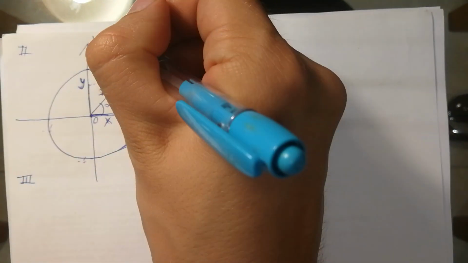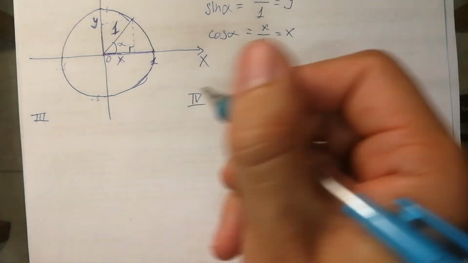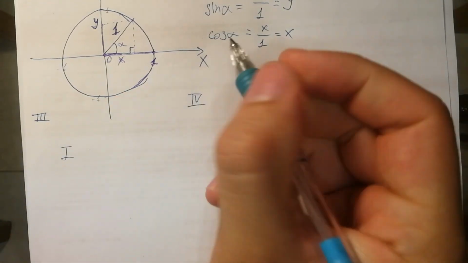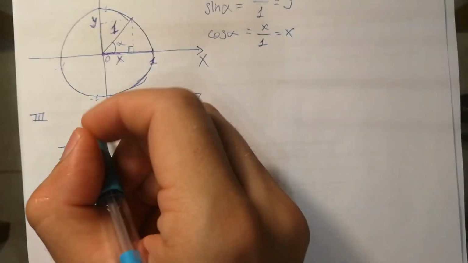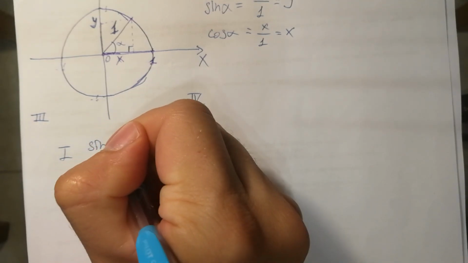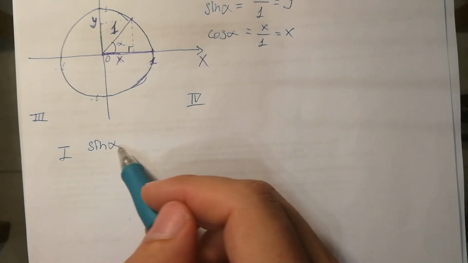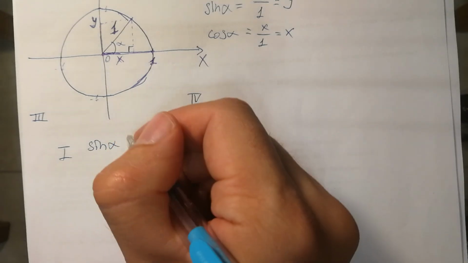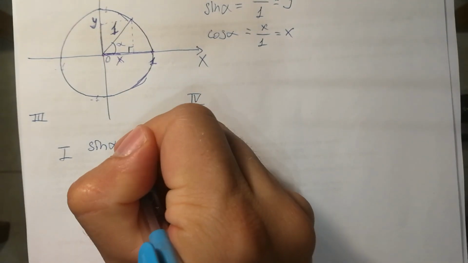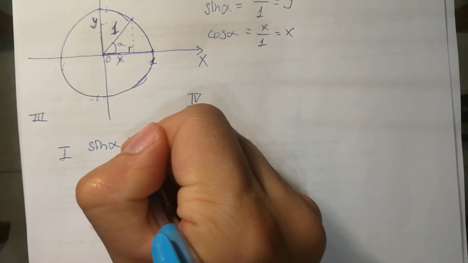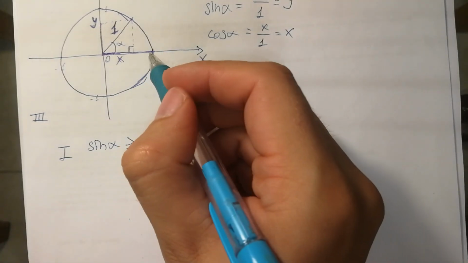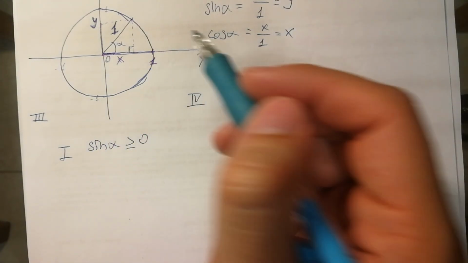This means that in the first quarter, let's draw it, for the first quarter, sinus of every angle alpha will be positive or equal to 0 if we consider the angle equal to 0.